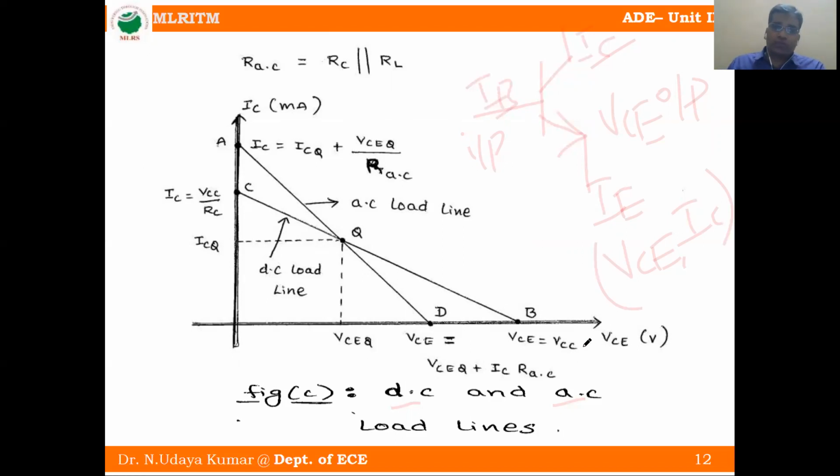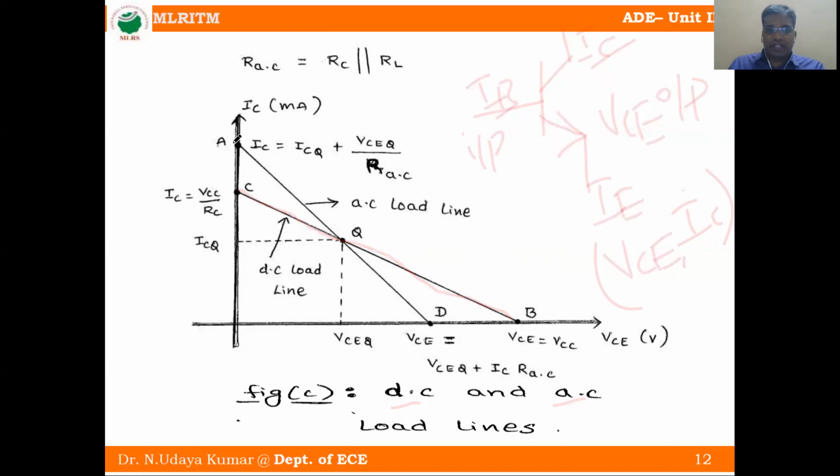We know how to draw the DC load line. This is from B to C, and this is called the DC load line. How to draw the AC load line? It is similar to the DC load line, but the only difference is we are applying an AC signal at the input, giving variable collector current and variable collector emitter voltage.